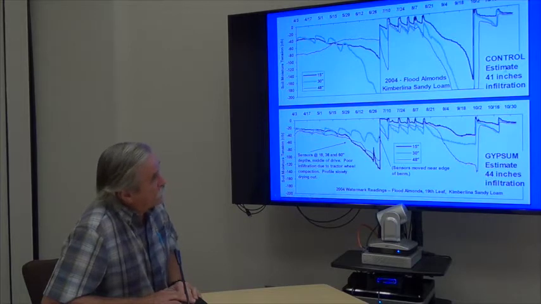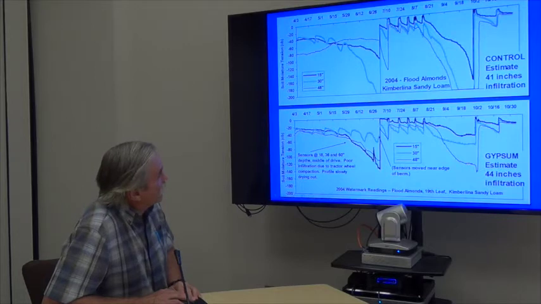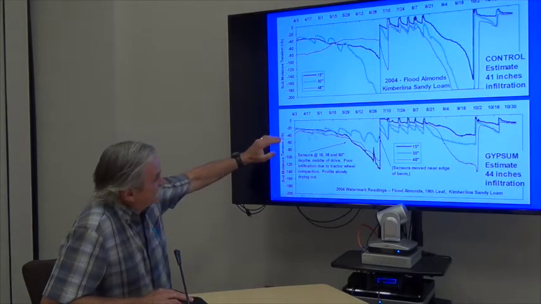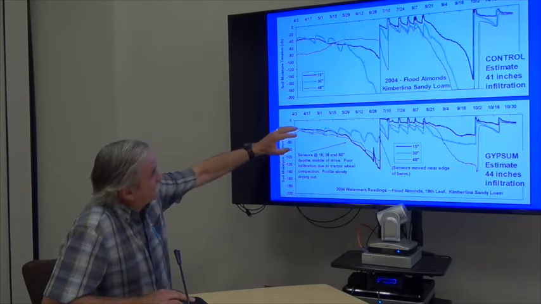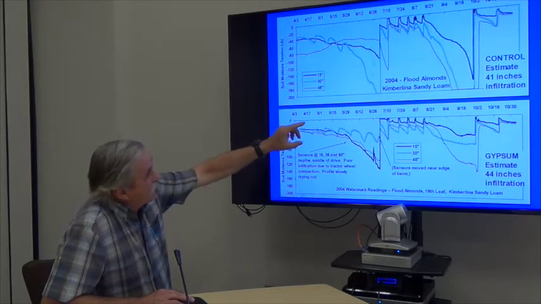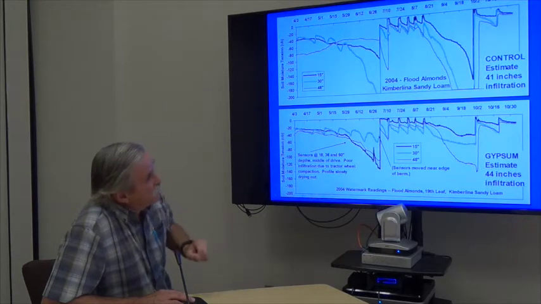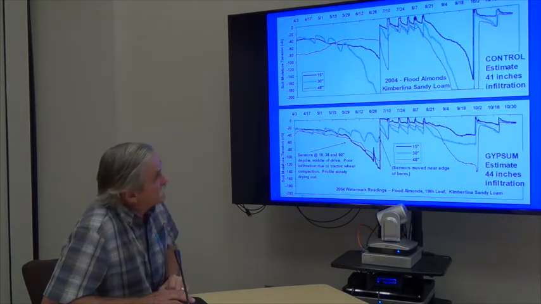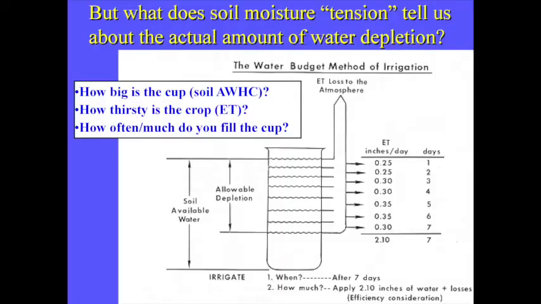Without gypsum we only got 41, but you can see here where the grower was on less frequent irrigation. With gypsum the depletion wasn't quite as bad, but without gypsum, we really crashed on infiltration until the grower picked up the frequency in here. So it all goes back to how big this cup is.